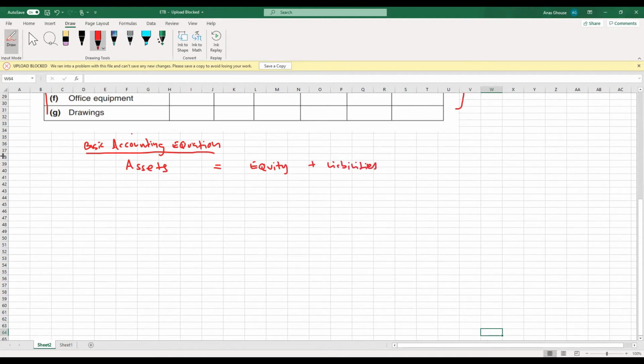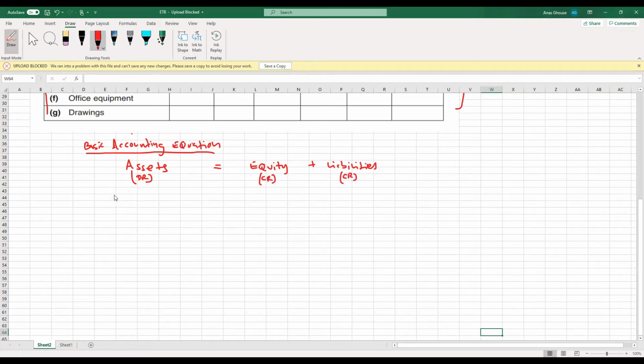Now usually assets will be a debit balance, then equity will be a credit balance and the liabilities also a credit balance.